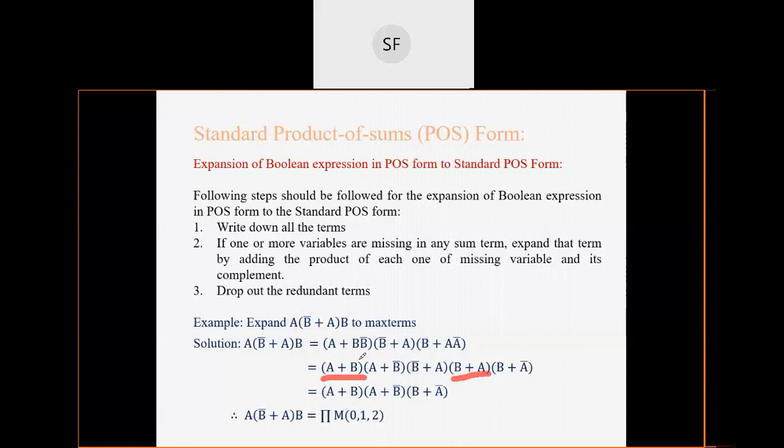So these terms are redundant. Again there is one more redundant term which is a plus b bar and b bar plus a, one and the same thing. So you have to remove the redundant terms and write it only once. ओके, दो बार हो गए तो एक बार ही लिखना है, पांच बार हो गए, चार बार हो गए, तीन बार हो गए तो भी आपको एक ही बार लिखना है वो टर्म.